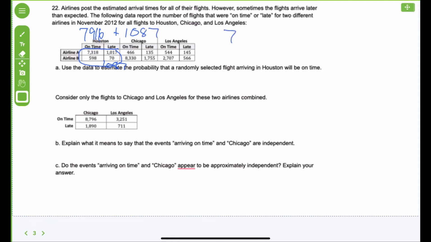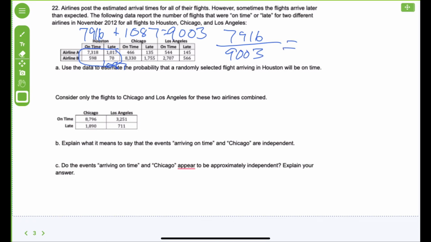But we're going to have 7,916 over, what is this? 9,003.